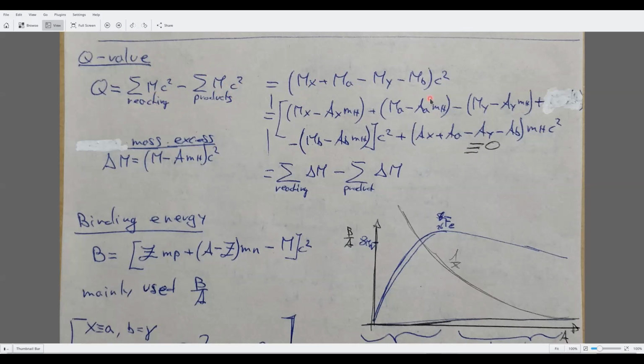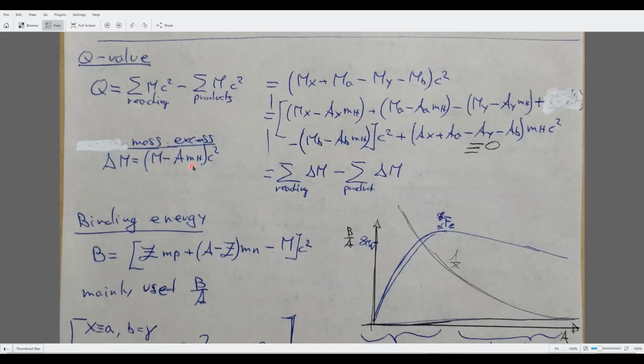Let's say we are considering a target X with a projectile A colliding, producing a Y particle and an emitted B particle. It can be more than that actually, but just for presentation, generally it is this one. We can rearrange and see that, similarly, the Q value can be seen as the mass excess of each particle, the sum of the reacting ones minus the sum of the mass excess in the products.